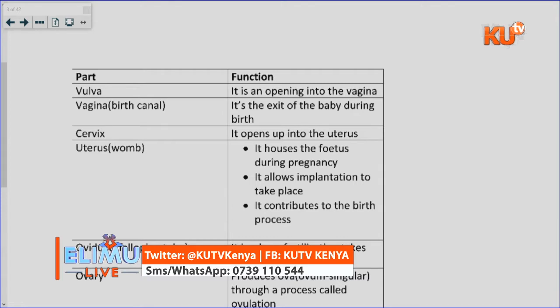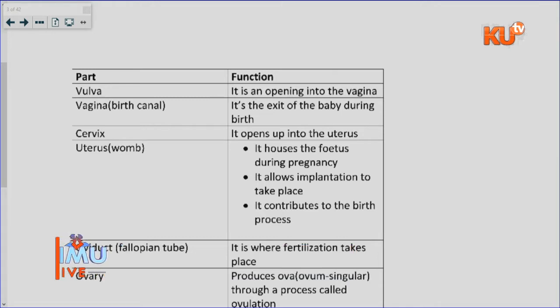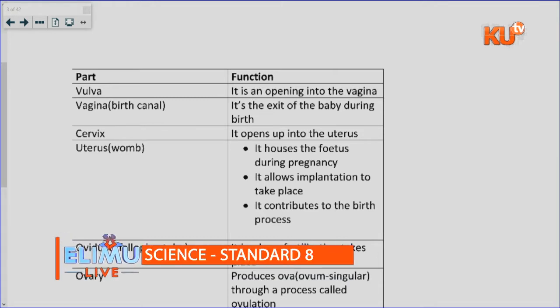Then we have the cervix, which opens up into the uterus. Then we have the uterus, also called the womb. It houses the fetus during pregnancy, allows implantation to take place, and also contributes to the birth process.